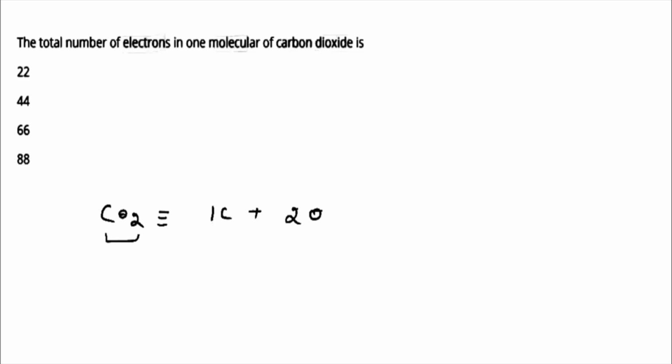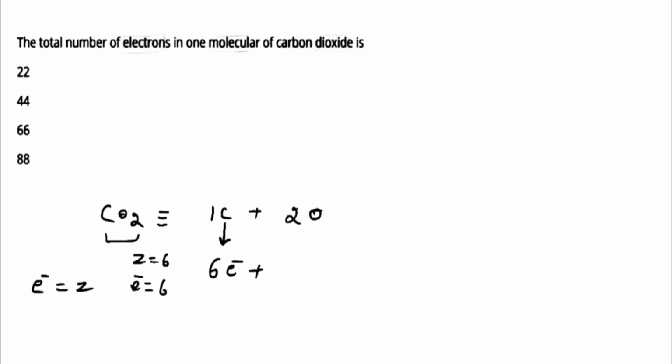We know that on carbon we have 6 electrons, because the number of electrons is equal to the atomic number Z. The atomic number of carbon is 6, that's why electrons are also 6. So here one carbon means we have 6 electrons.